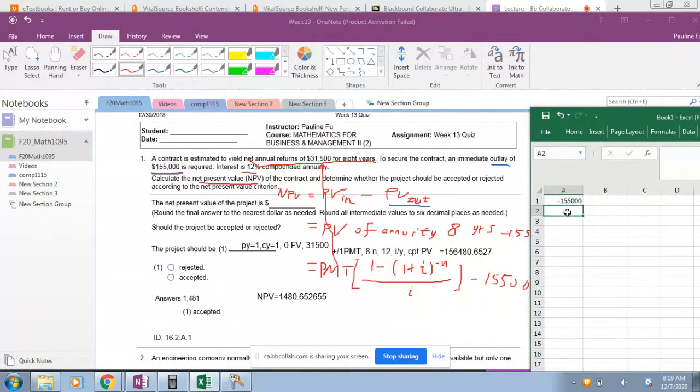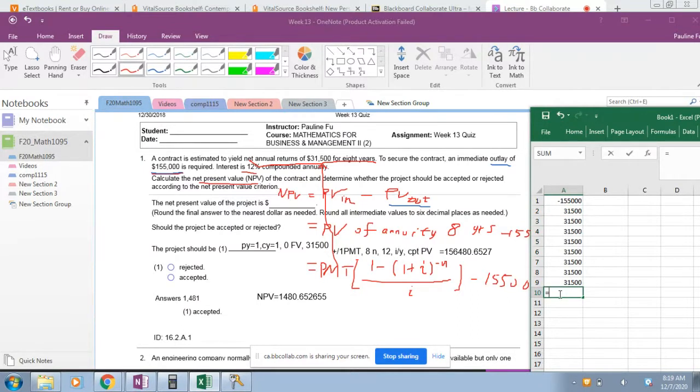And then you have a positive cash flow, 31,500. And this number occurred 8 years. So you copy down so that this number occurs 8 times. Is this 8 years? Yes. Okay. So now you enter the formula.